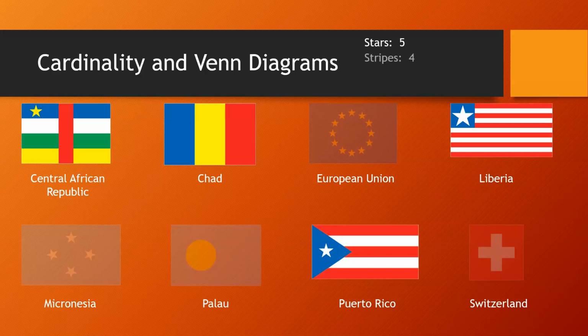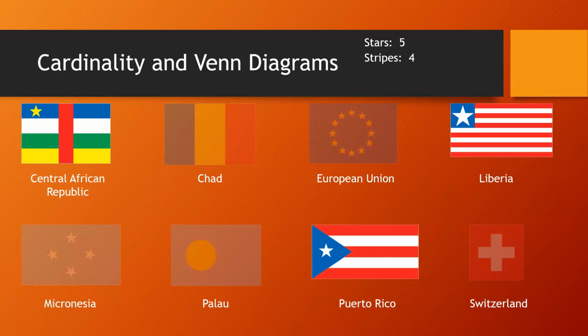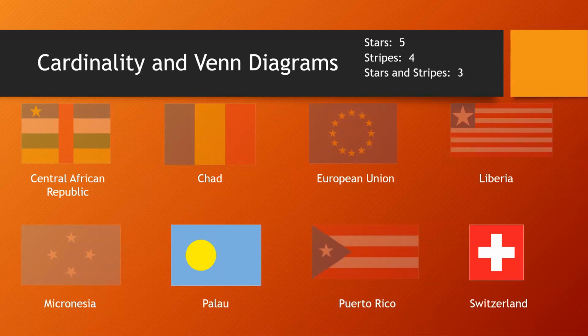There's 4 of those. And we'll look at all the flags that have both stars and stripes on them. There's 3 of those. And then there's some flags that don't have stars or stripes on them. And that would be 2 flags.